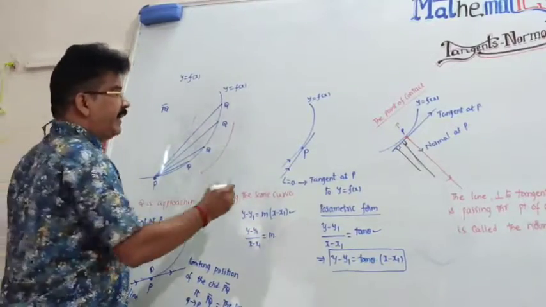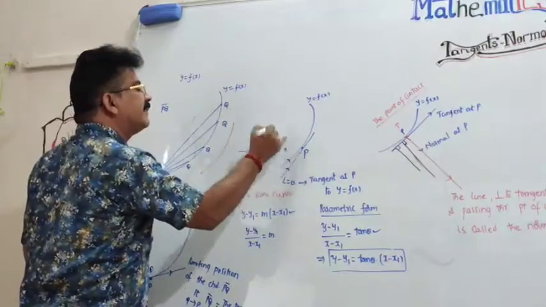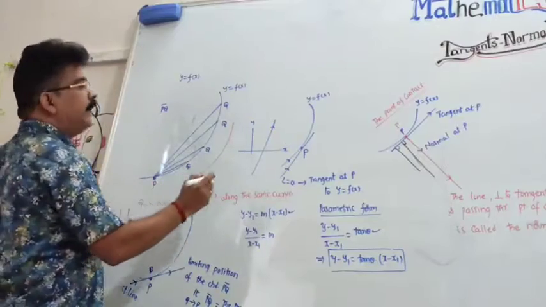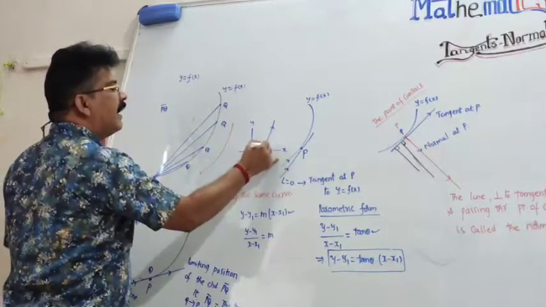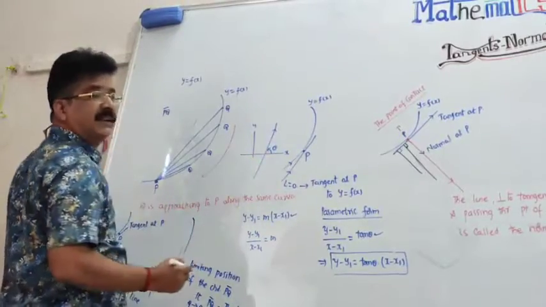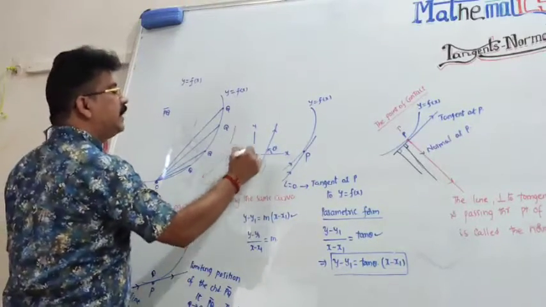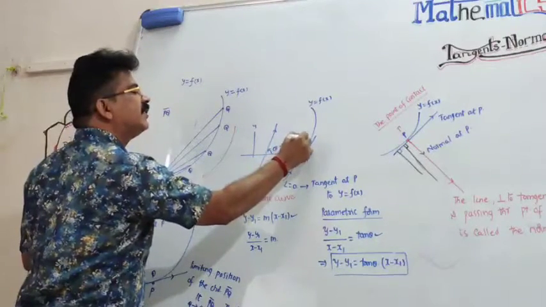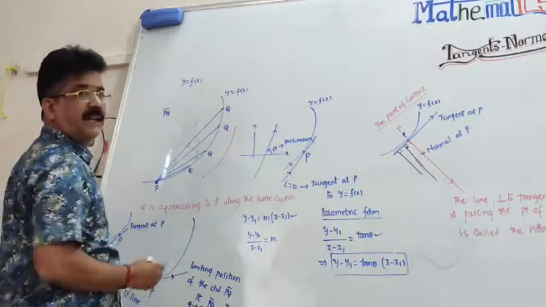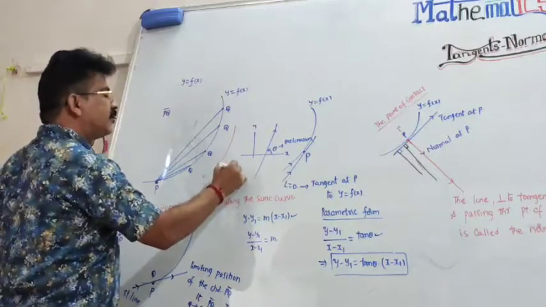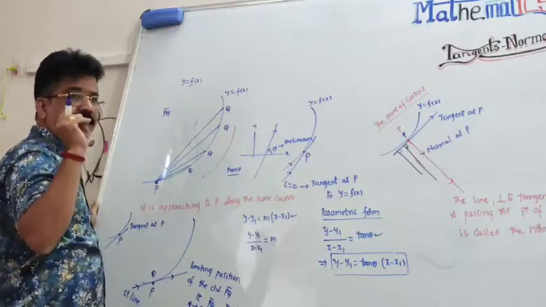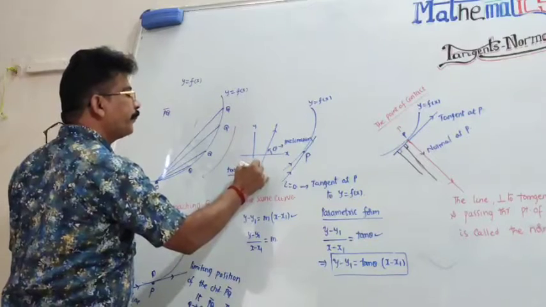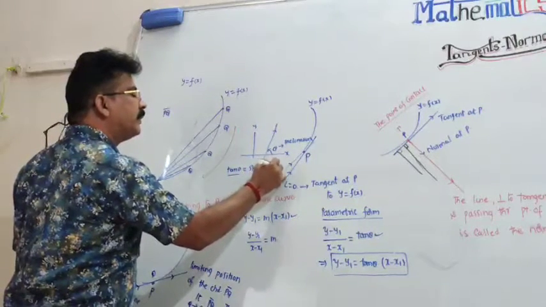Understand? In geometry, this is the x-axis and this is the y-axis. For example, this is a line which makes an angle theta in the positive direction with the x-axis. Then theta is called the inclination of the line, and the value tan theta is called the slope of the line.